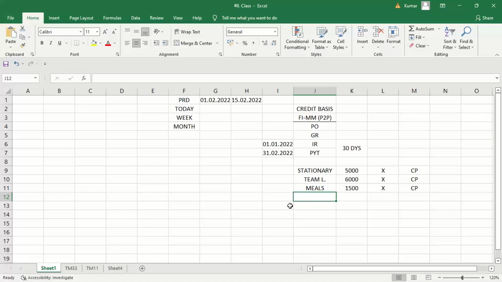Okay. Now, the next one is not only in terms of expenses, even certain revenue related transactions also.